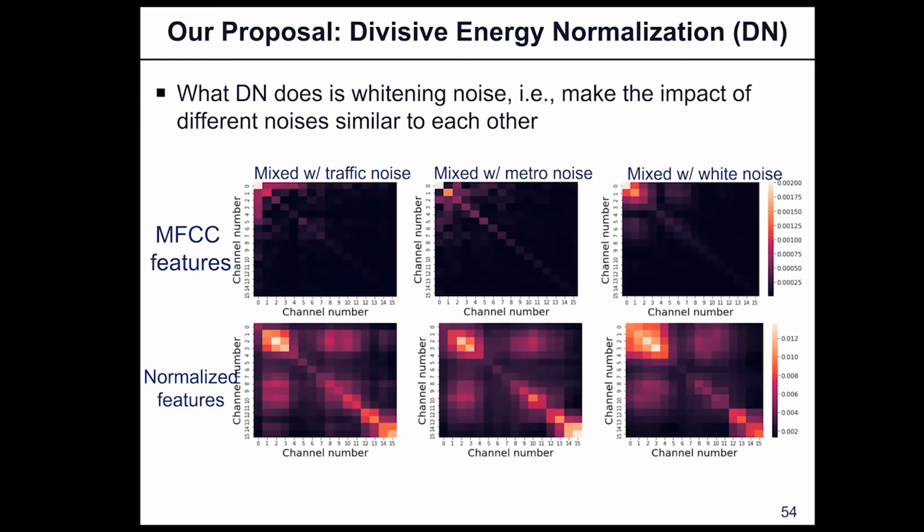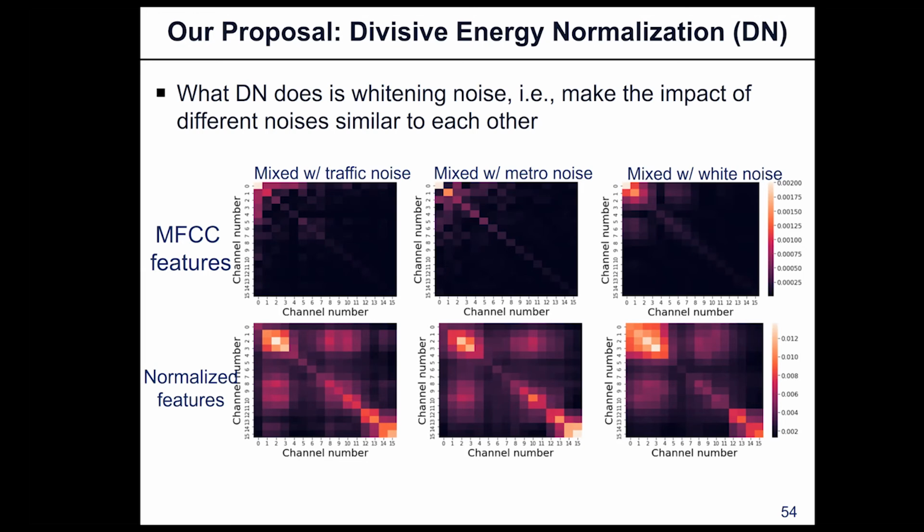There's a 2x3 plot, and the top row is the conventional feature, just the MFCC, mel frequency feature, and the bottom row represents the proposed divisive normalization feature. The three different columns represent the different noise mixed into the signals. The first one is traffic, then metro, and the final one is white noise. So we mix in the three different noises and perform the feature extraction using two different methods, conventional and proposed.